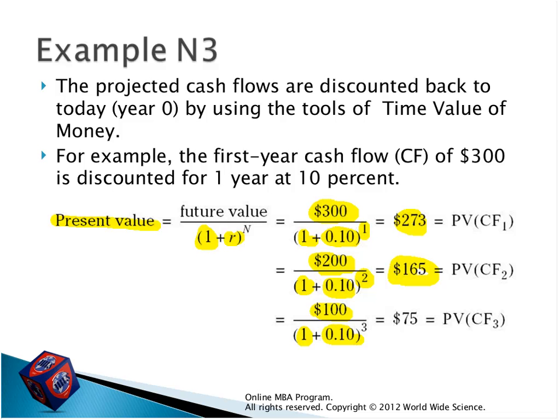The 10% we must convert to a number, which is 0.10, and raise it to the third power, like multiplying the same figure 3 times. Then as a result we get the present value, which is $75.